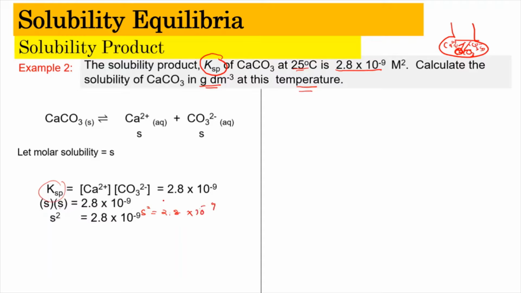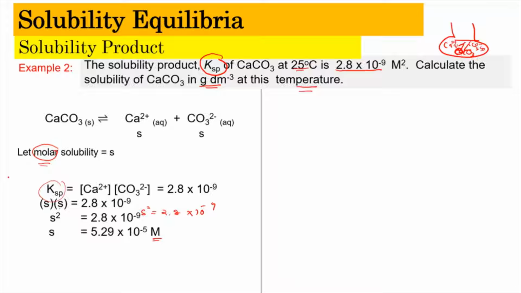And lastly, we're going to get the value of S, which is 5.29 times 10 to the power of negative 5 molar. So the unit needs to be included because you are talking about the molar solubility.